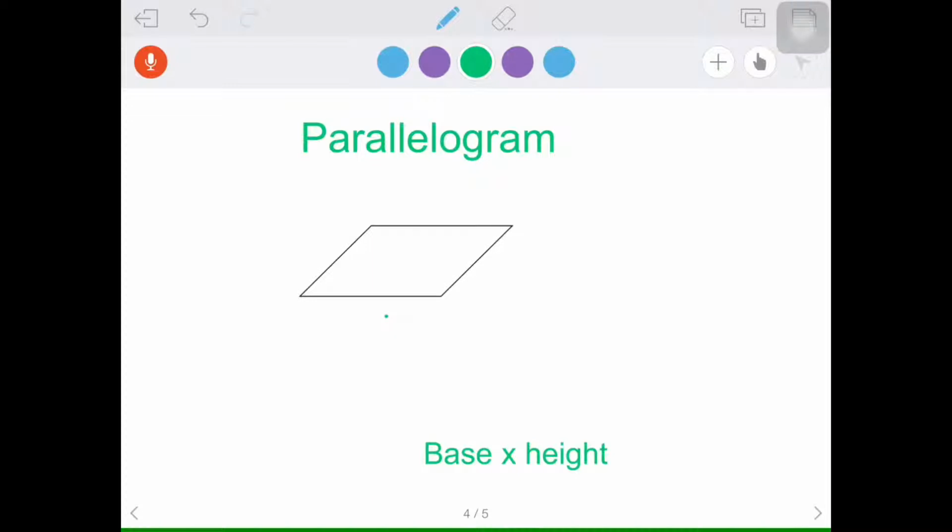So our example would be 3 kilometers is our base, and 2 kilometers is our height. Just different words, but same formula. And it's obviously easy. 3 times 2 equals 6. So don't forget that, people.